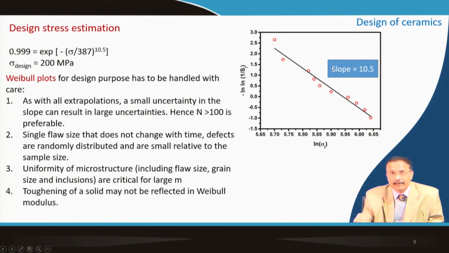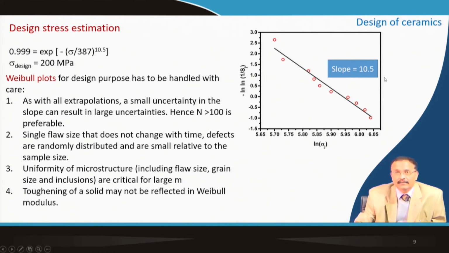Here it is 10.5. A slight change in the slope will change the value of the survival probability, so one should be very cautious. Ten samples may not be sufficient. You may have to do the experiment for more than 100 cycles.